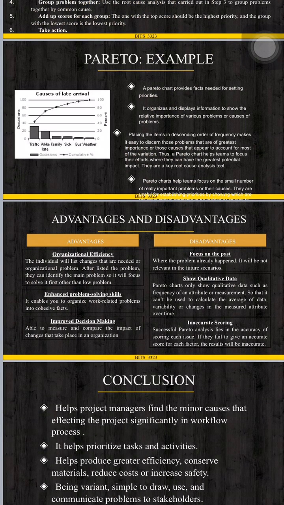Placing the items in descending order of frequency makes it easy to discern those problems that are of greatest importance and those causes that appear to account for most of the variation. Thus, a Pareto chart helps teams to focus their effort where they can have the greatest potential impact. They are a key root cause analysis tool.